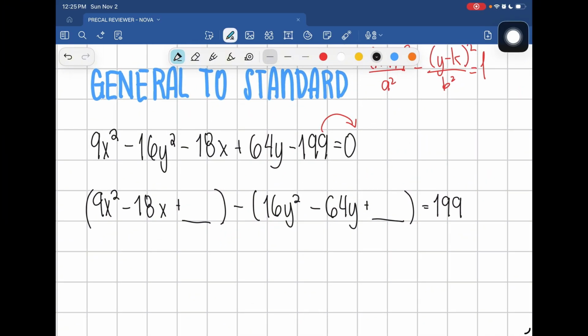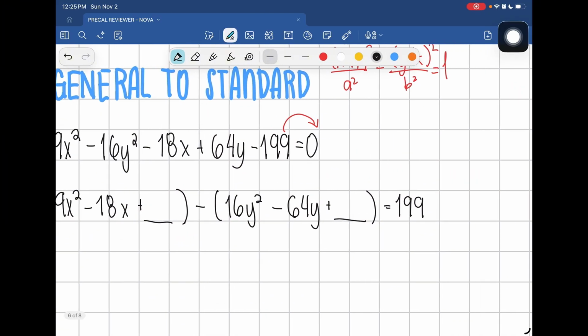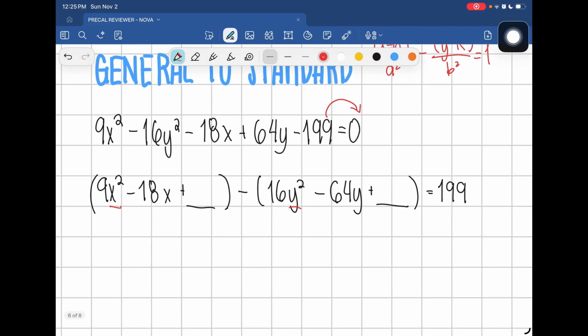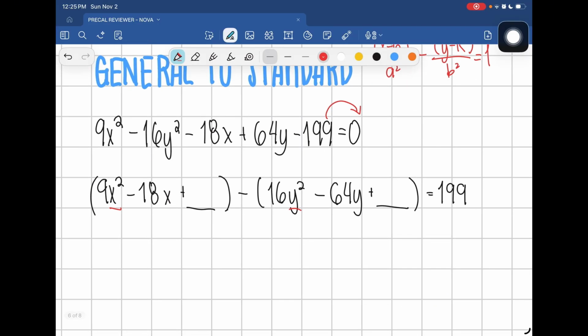After that, we want to isolate the x squared and y squared, so we can find the square of the binomial easier. In order to do that, we want to factor out these numbers, and in order to do that, we have to divide.